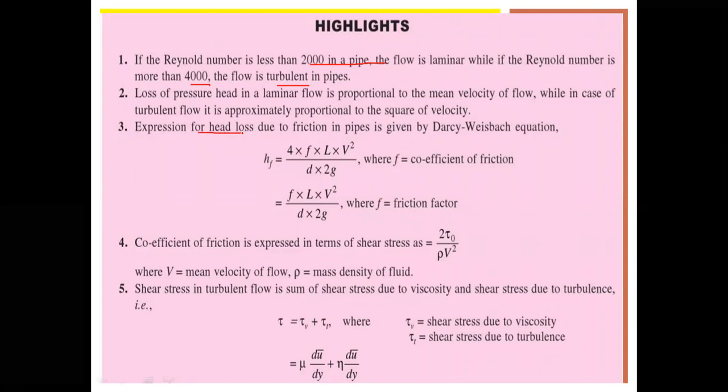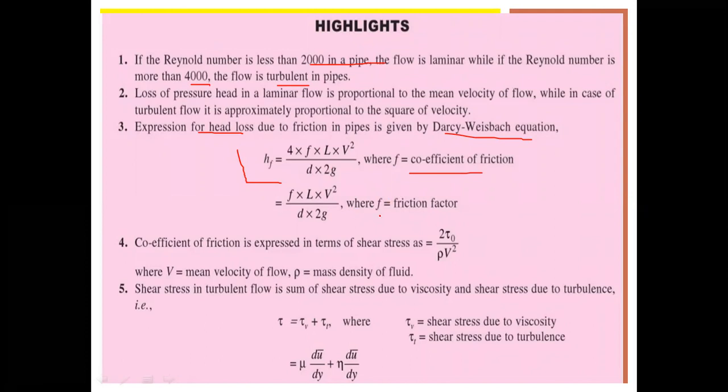Next, expression for the head loss by using the Darcy-Weisbach equation. Head loss hf or hl, we can take either. hf is equal to 4 into f into L into V square divided by D into 2g, where f is the coefficient of friction.